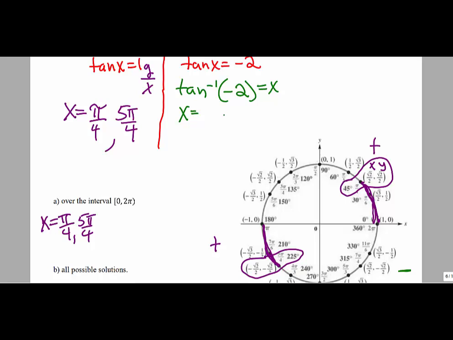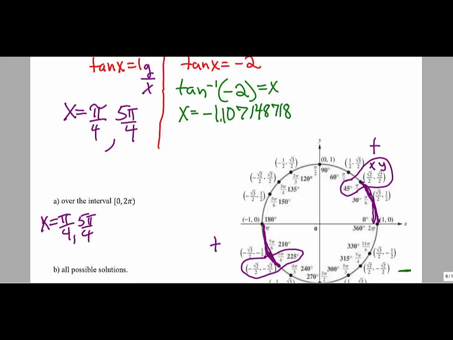If you remember our discussion for the inverse tangent functions, tangent inverse will spit out an angle from quadrant 4, and it's going to think of those angles as being negative angles. So what we get is expected. We get -1.107148718. So there's the entire angle that we get in radians, and that's an approximation from your calculator.